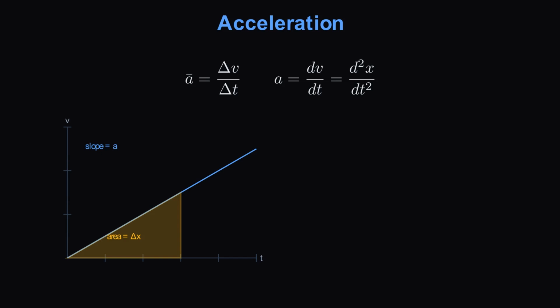The area under a velocity time graph between two moments in time equals the displacement during that interval. This follows from integration, the reverse of differentiation. We will use this area interpretation repeatedly. Two subtle but important points about acceleration.